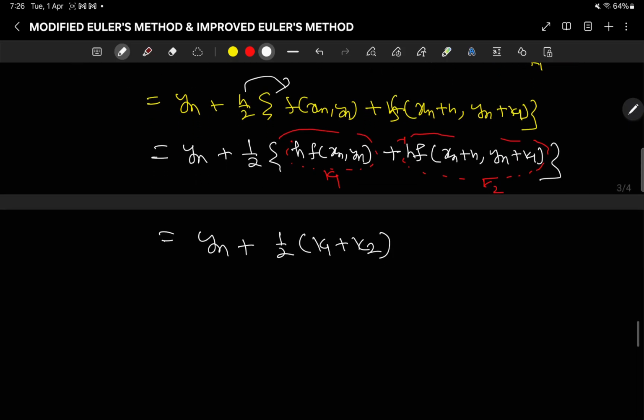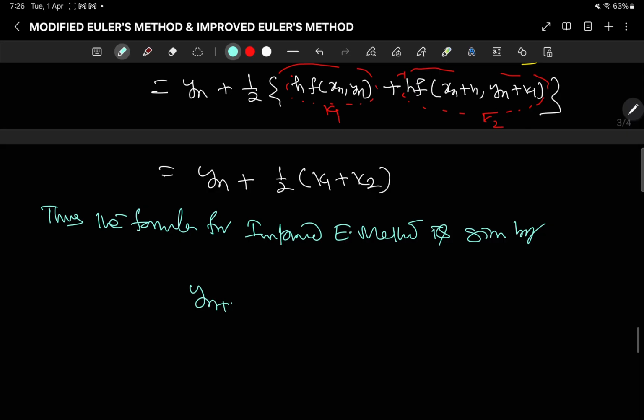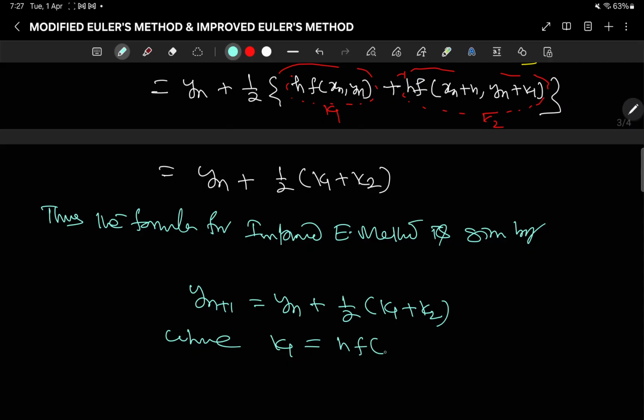So in simplified form, the formula for the improved Euler method is given by yn plus 1 is equal to yn plus half (k1 plus k2), where k1 is equal to h f(xn, yn), and k2 is equal to h f(xn plus h, yn plus k1).